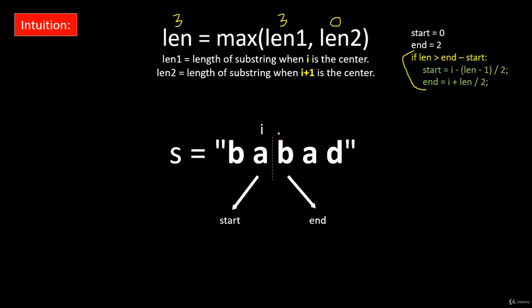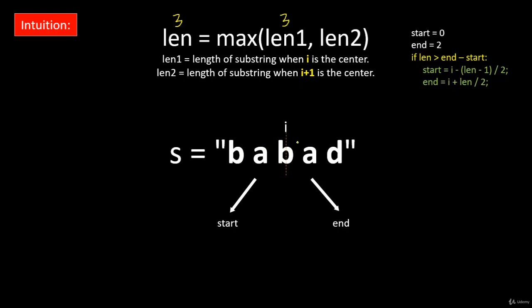Now for the next iteration, i will point to this character B, and this is our center in this sketch, and we can expand around this center. If we expand it, start will be shifted to this character A and end will be shifted to this character A, and we see that they're equal. If we expand further, we see B and D, which do not match, so we can't expand. The longest palindromic substring at this center i is 3.